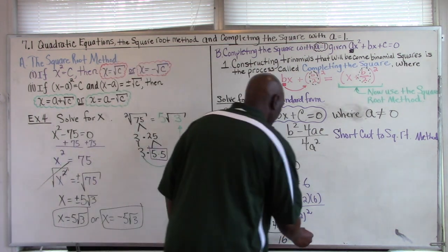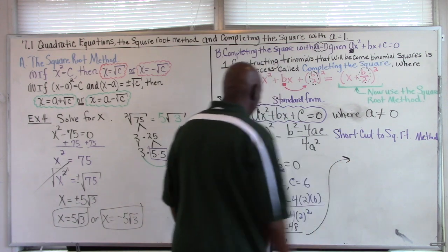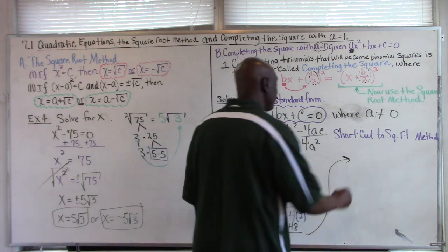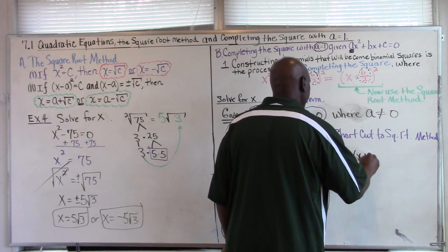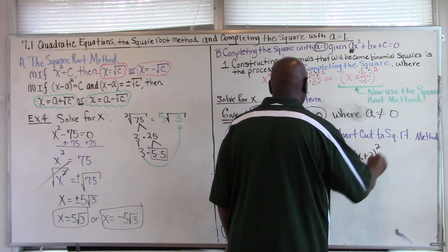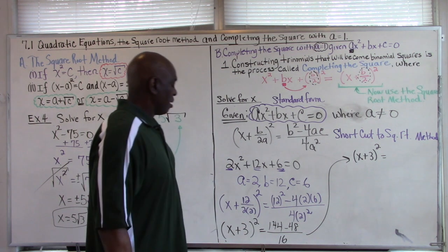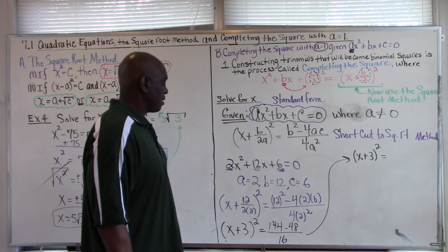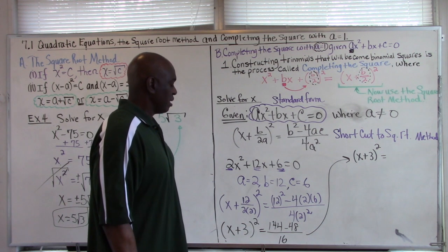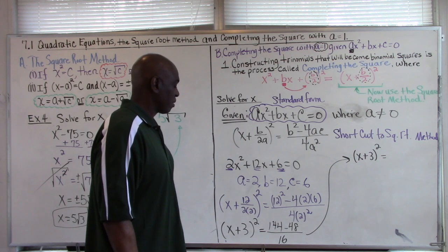And that's going to give us x plus 3, quantity squared, which equals 16 into 144.